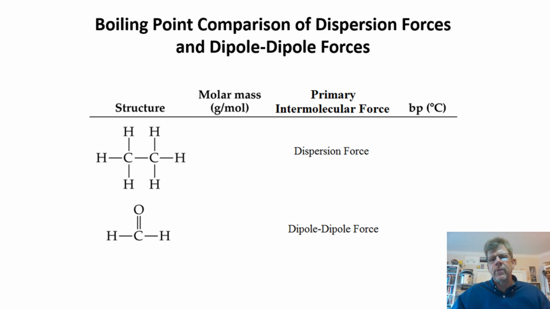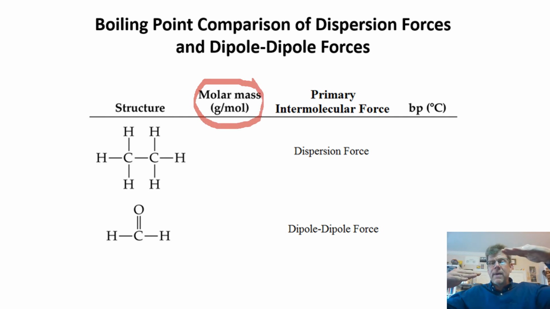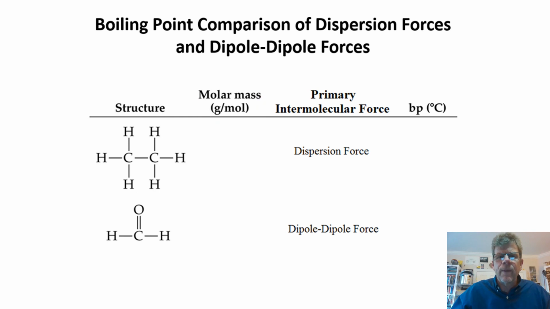Most importantly, when we're comparing two particles, we have to make sure that they have very similar, if not identical, molar masses. Remember that, because the higher the molar mass is, well, that leads to a higher boiling point. So we need to move away from that. We need to equalize that variable so that the only difference in boiling points can be attributed to these differences in strength of intermolecular forces.